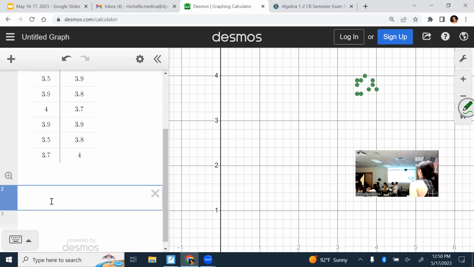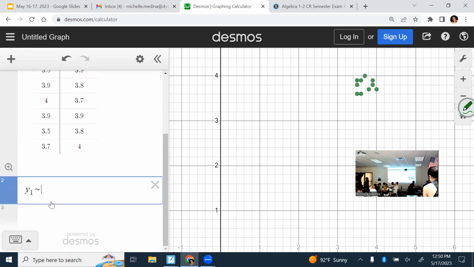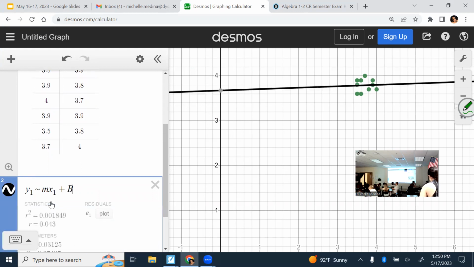And then in a different cell, you're going to write this. So this is something I would put on my note card. You're going to type in y1 squiggly mx1 plus b. Because what equation do straight lines all have? y equals mx plus b.